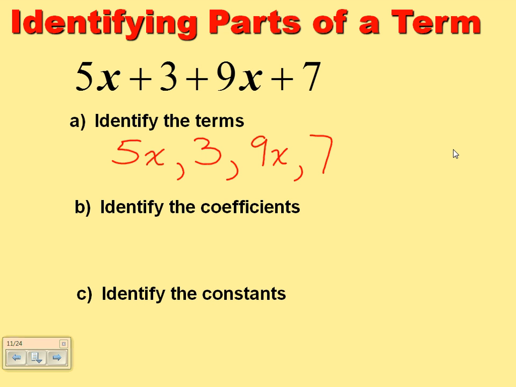So the next question is identify the coefficients. Here it is asking you, what are the numbers in front of the variables? So my answer to that would be simply 5 and 9.